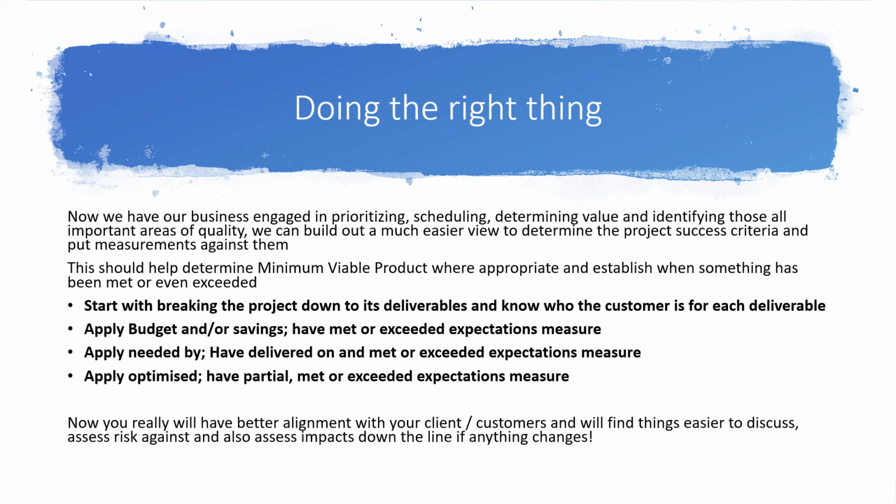So start with breaking down the project into its core deliverables and know who the customer is for each of those deliverables. Apply budget or savings against each one of those deliverables, and then have criteria to say whether that has been met or exceeded expectations.